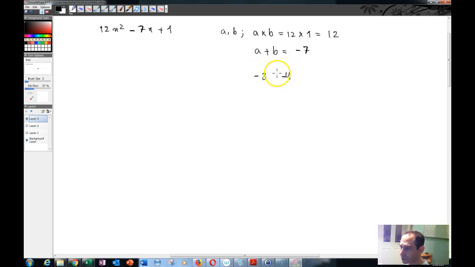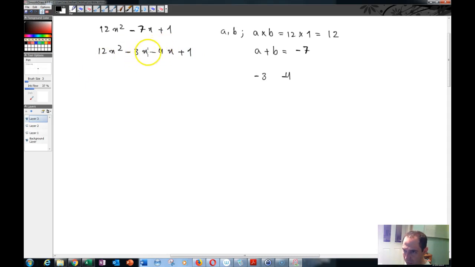Now negative 3 plus negative 4 is equal to negative 7, and negative 3 times negative 4 is equal to positive 12. So I can rewrite this as 12x squared minus 3x minus 4x plus 1.